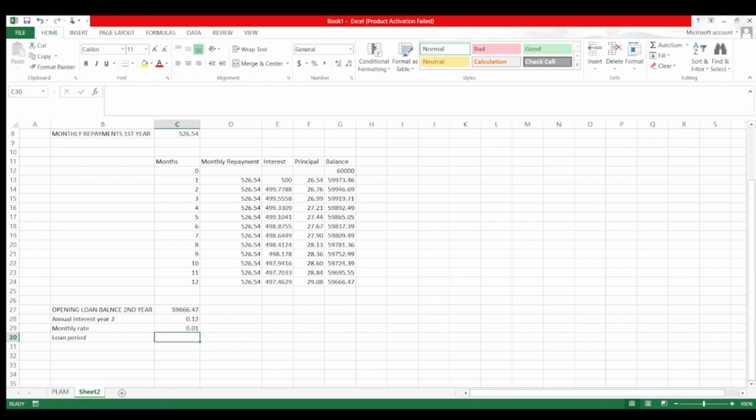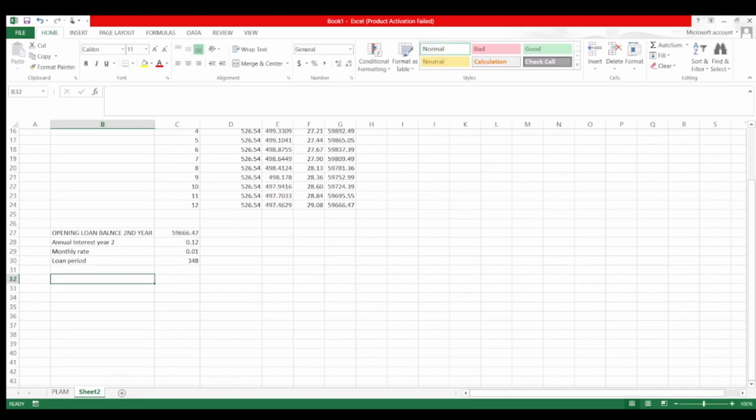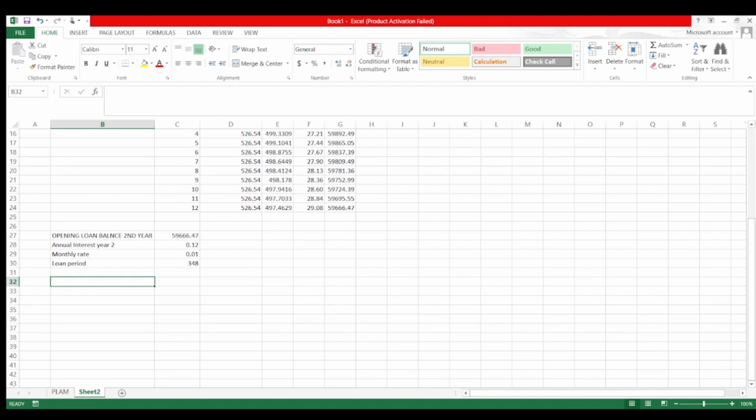So the remaining loan period now is 360 less 12 months. So here we're able now to calculate the second year monthly repayments.